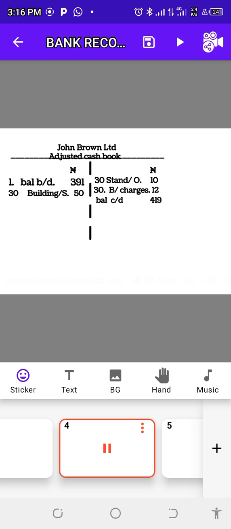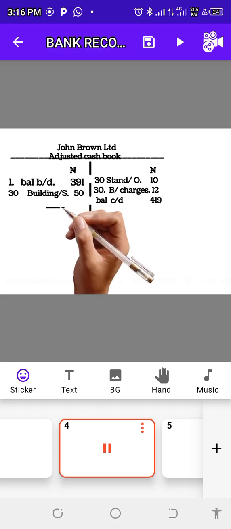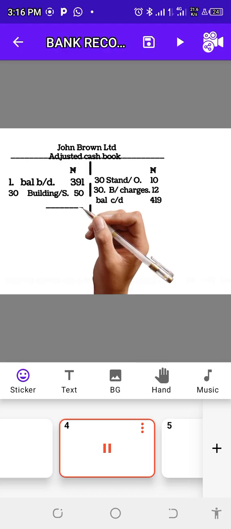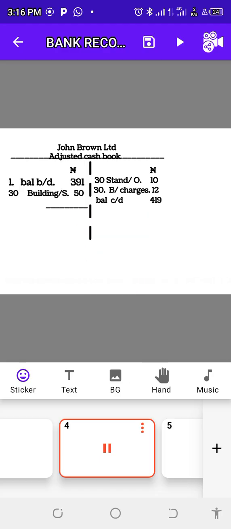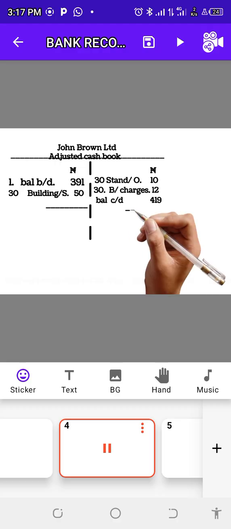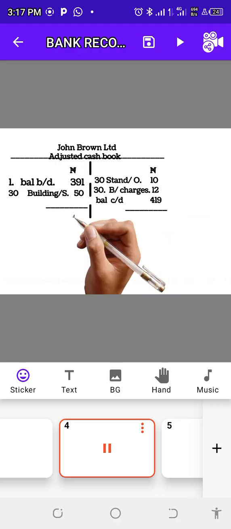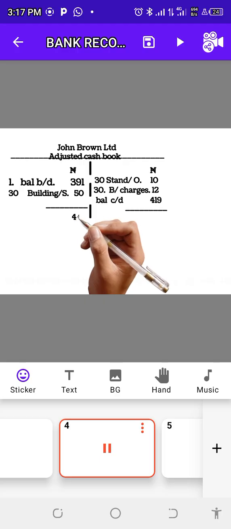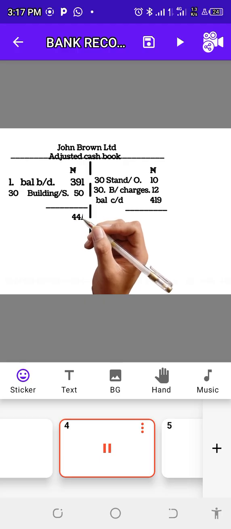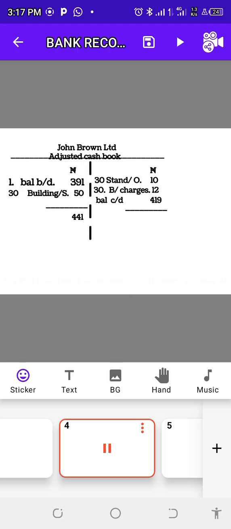So when we now get the balance brought down, it is 419. The adjusted cash book balance is 419, so this is what we are going to use to work. Total balance now becomes 441 and 441.